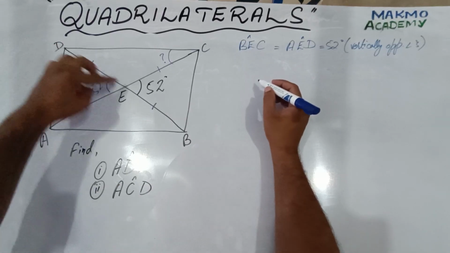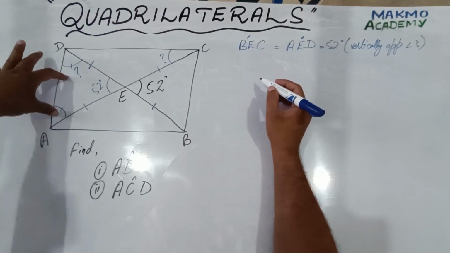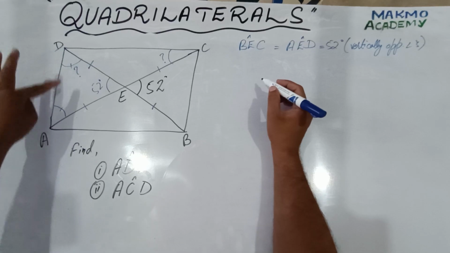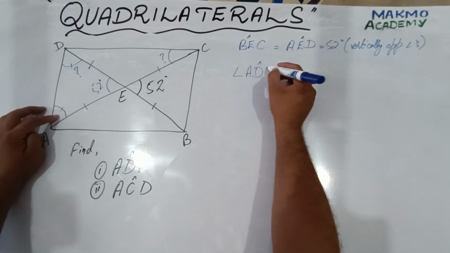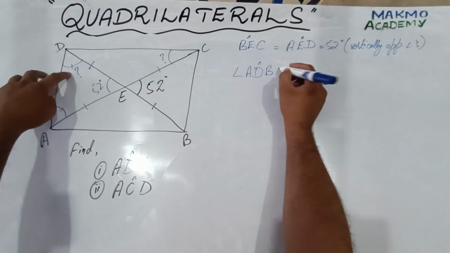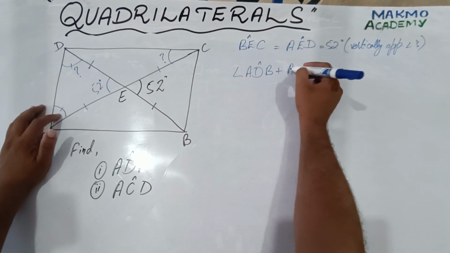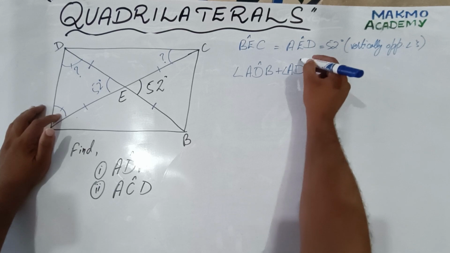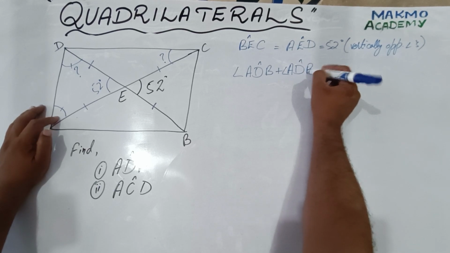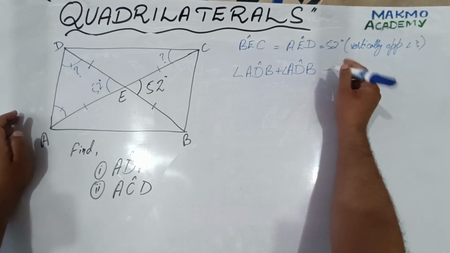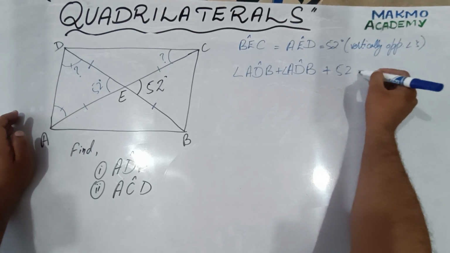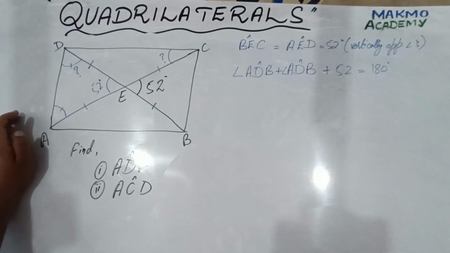ADB is the name of this angle. So whatever the size of this is, it would be equal to this. So can I write ADB plus ADB for the same angle, because the sizes of both angles are the same, plus 52 is equal to 180 degrees, the angle sum of a triangle.